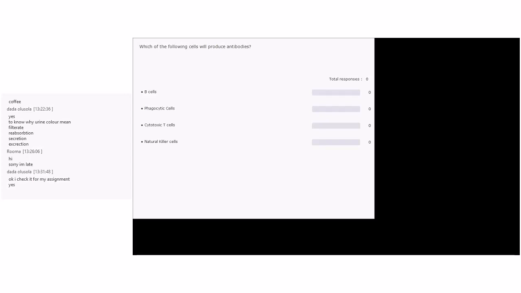Which of the following cells will produce antibodies? B cells, phagocytic cells, cytotoxic T cells, natural killer cells. B cells, yeah. And you can click directly on the screen as well on which answer you want.